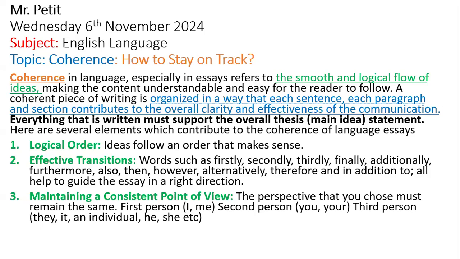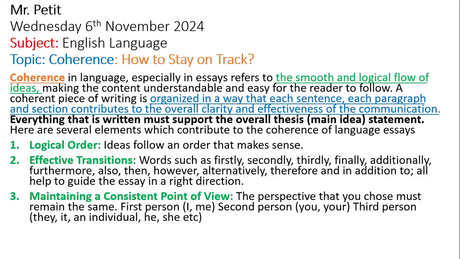The third person is very formal. Like the third person doesn't have any I, doesn't have any me. The third person doesn't have you or your. The third person has they, it, an individual, he, she, stuff like that.